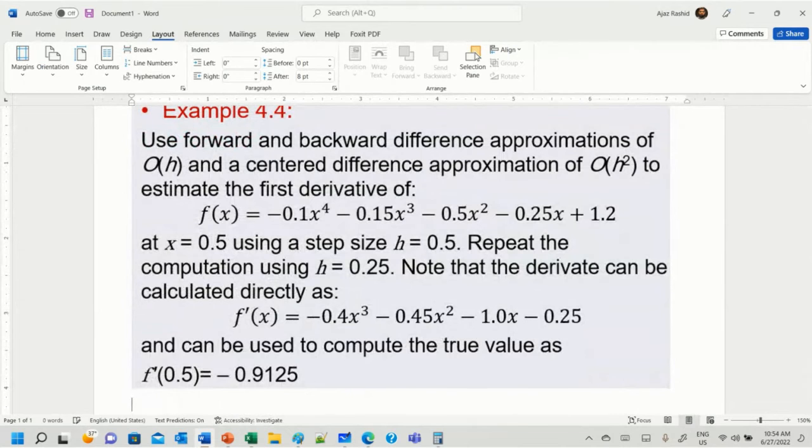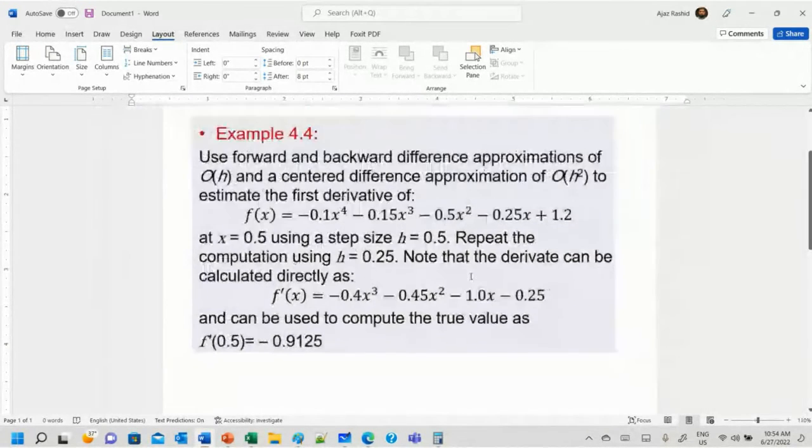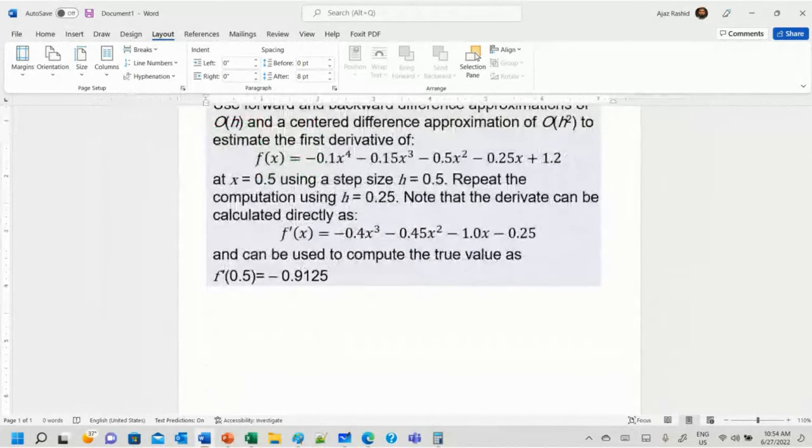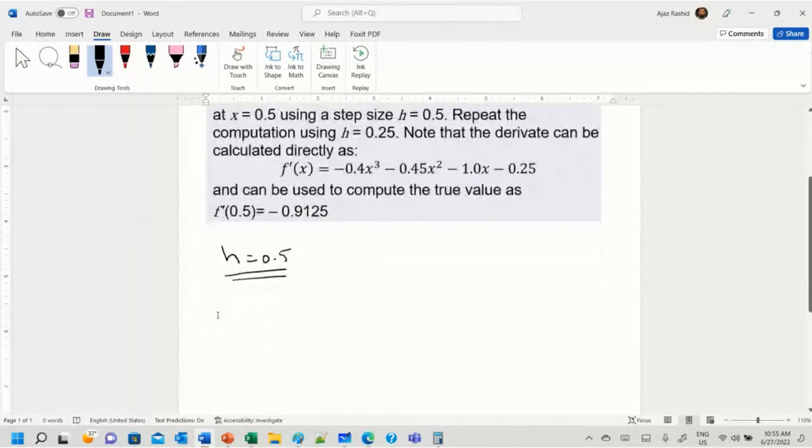Okay, so the true value is given, so we are not going to bother finding the true value. I'll start with the step size of 0.5. I'll define my points. The point is also 0.5.